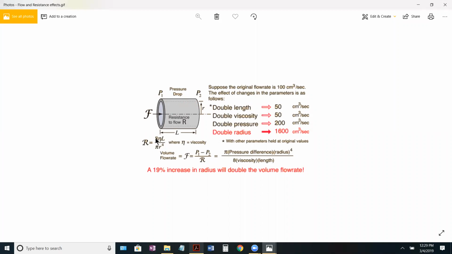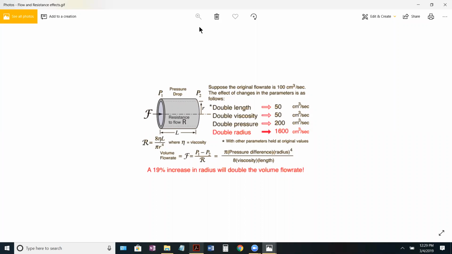So resistance is directly proportional to the length of the blood vessel and inversely proportional to the radius of the blood vessel. If we have more radius, the resistance would be low, and if we have less radius, means it's vasoconstricted, the resistance would be high. If the length of the blood vessel is more, then the resistance will be high.